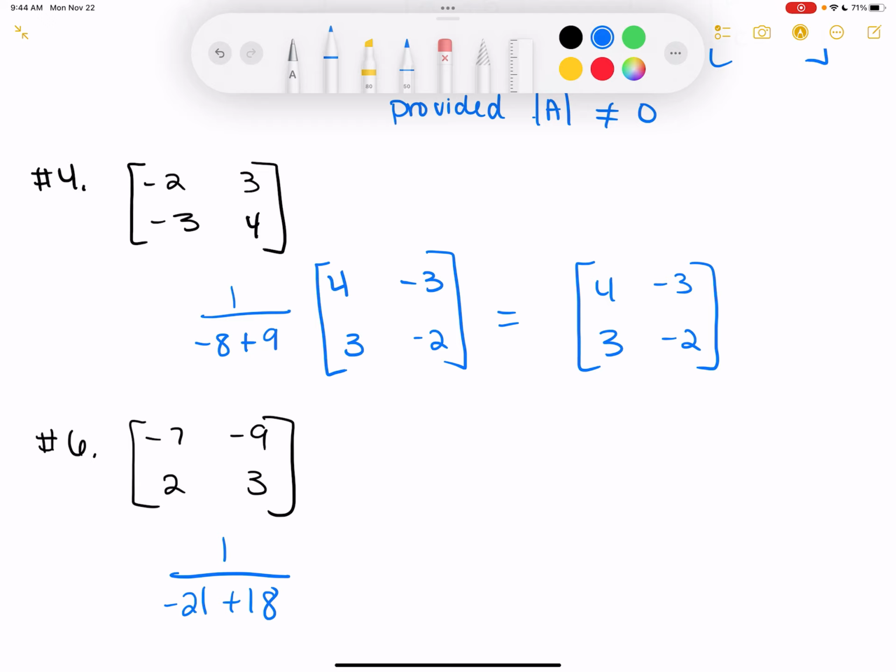And then just to save a step, I'm going to rewrite this bottom as -3. And then remember, now we've got to flip everything around, so it's going to be 3, a +9, a -2, and then -7.